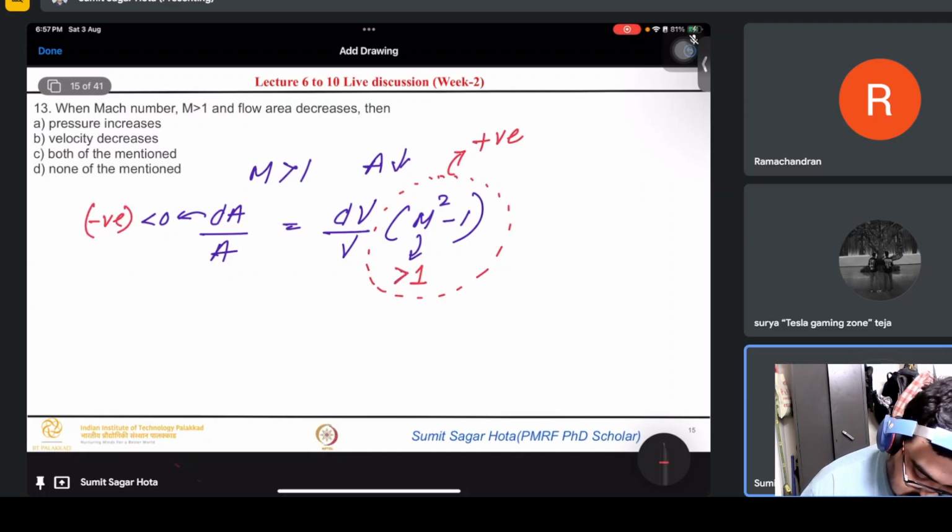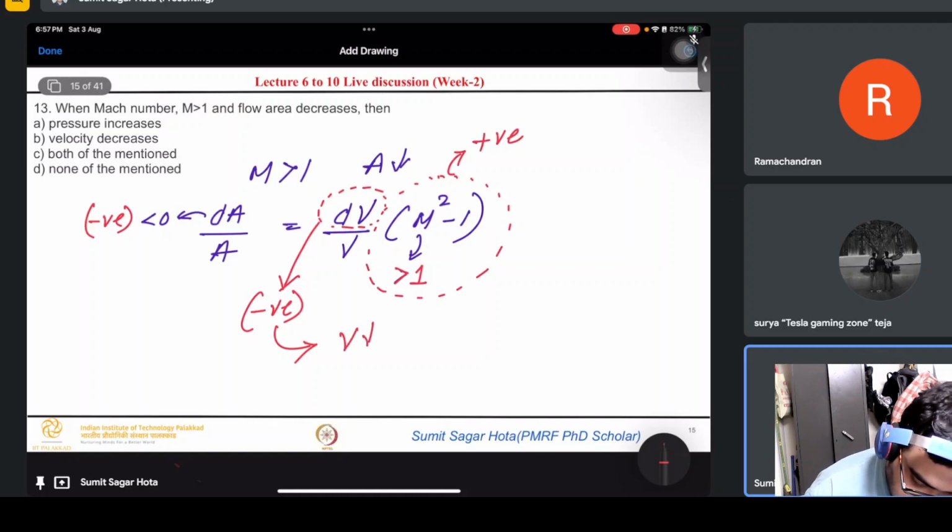To make the left side equal to the right side, we have to multiply with a negative sign, then only this will be valid. So that means dV is going to be negative, which means velocity is going to decrease.